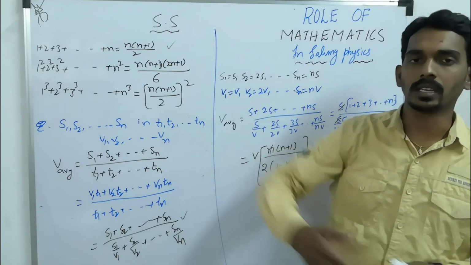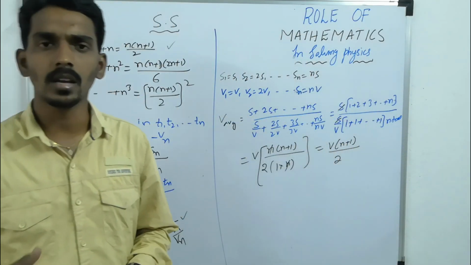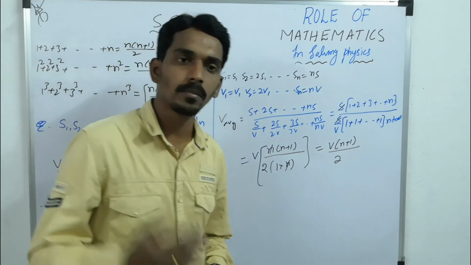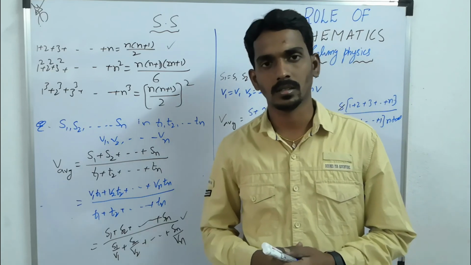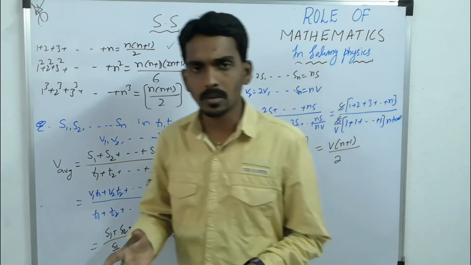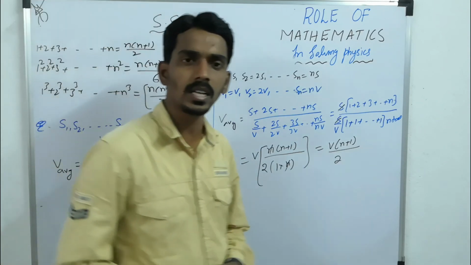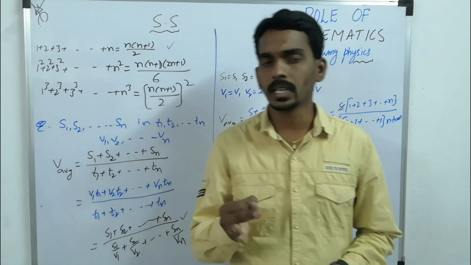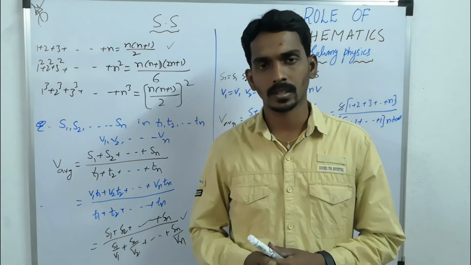Then we will see how many types of questions we can solve, that is, in how many types of questions we can use this data as a mathematical application to get the final answer. I hope you all understood the importance of the five basic mathematical topics: quadratic equations, integration, differentiation, vectors, and sequence and series.